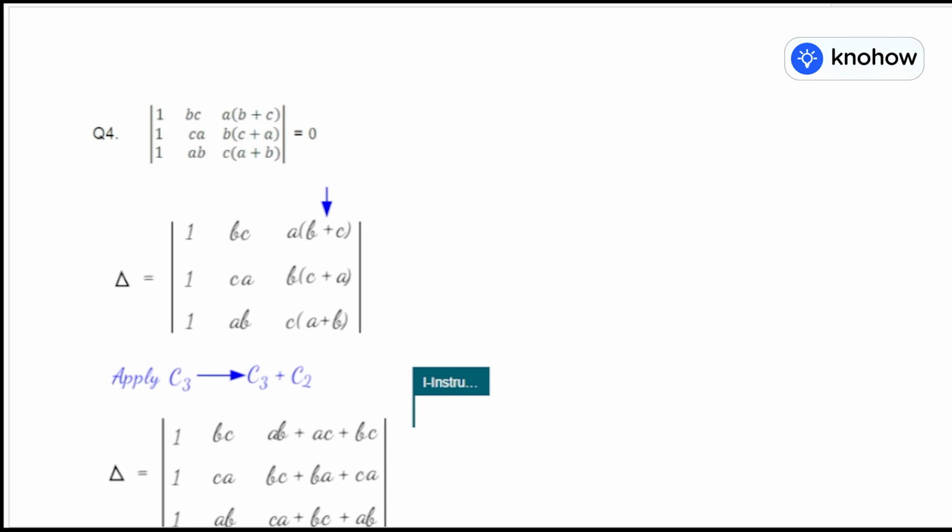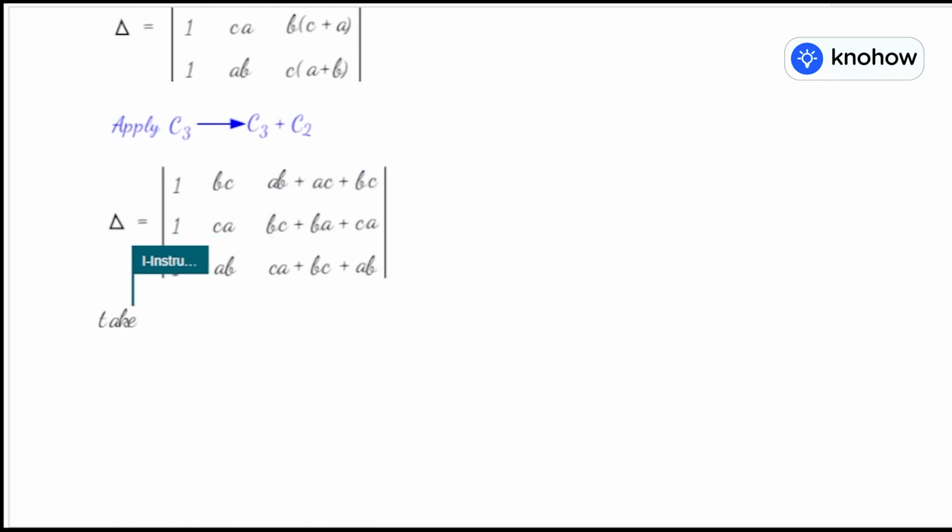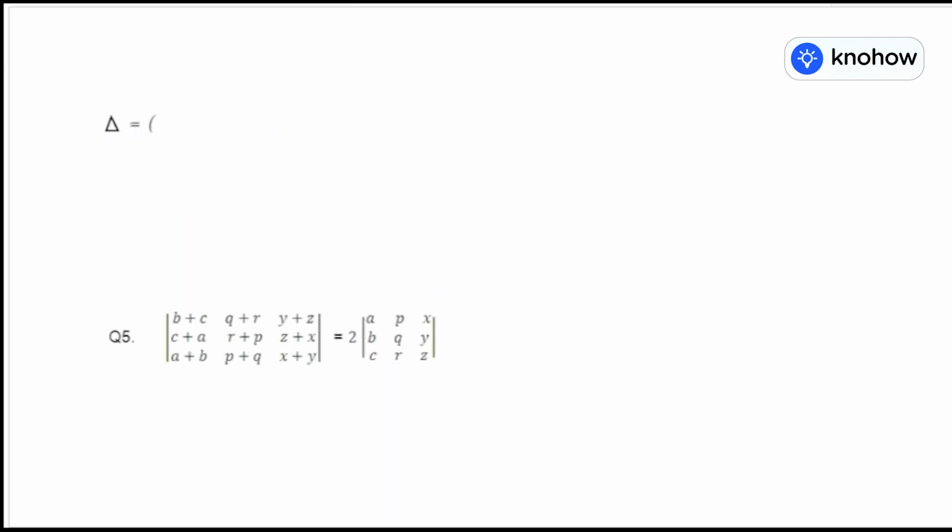Let me take AB plus BC plus CA common from column 3 to get delta equal to AB plus BC plus CA common, and you get 1, 1, 1.